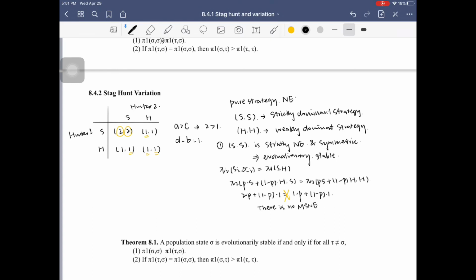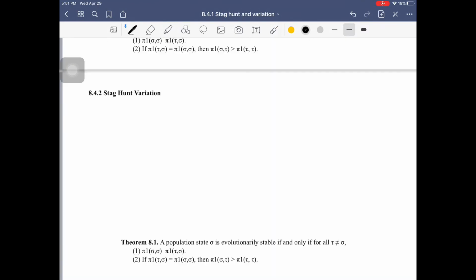Then one thing left that we need to check is the weakly dominant strategy HH. Is it evolutionarily stable or not? We will use this slide to figure that out, by theorem 8.1.